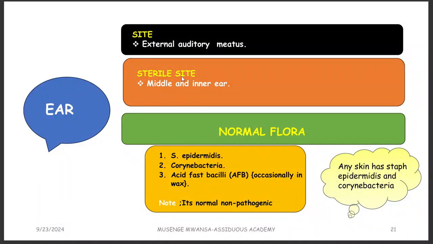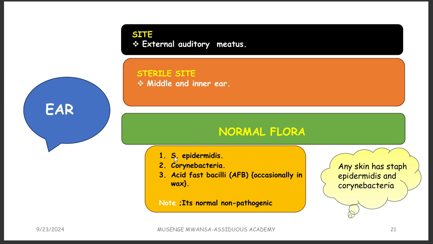And then the ear, the external auditory meatus is part of the outside. The ear is divided into three, external, middle, and inner. The middle and inner are sterile, they don't have bacteria, but the external is part of the skin.